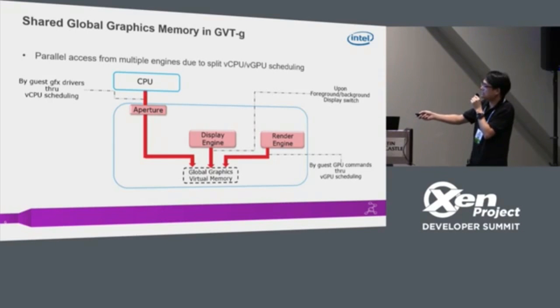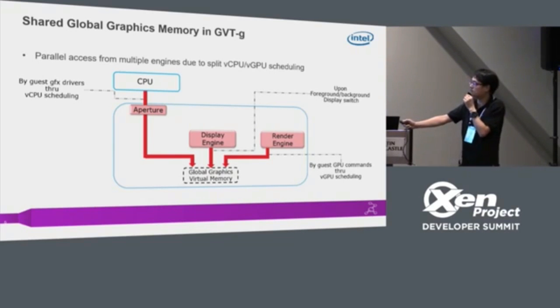At a specific time, the render engine is assigned to one of the guests, and that guest will push its workload. But at that time, the CPU from another VM will try to access its graphics frame buffers or other system memory. So in the end, the GGTT needs to provide all of the mappings for different VMs.